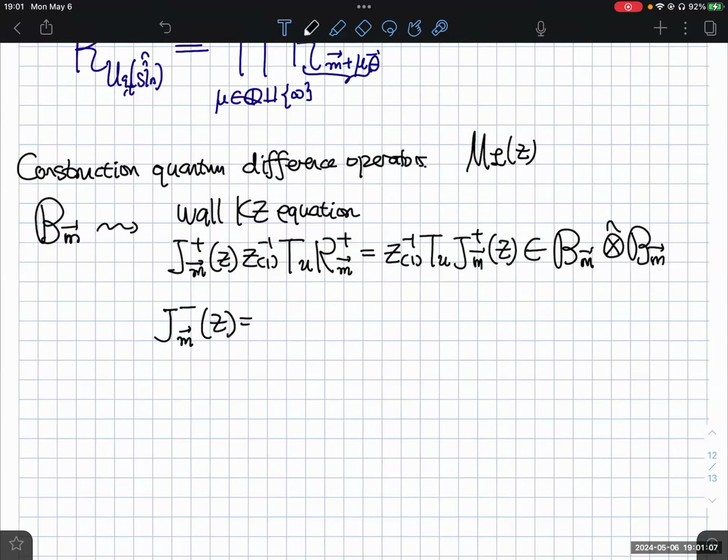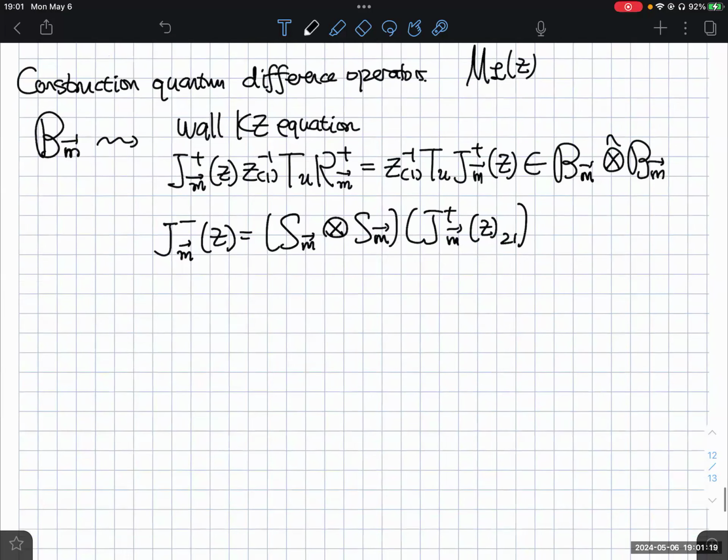And we still use the same procedure as above, and then define the monodromy operators.